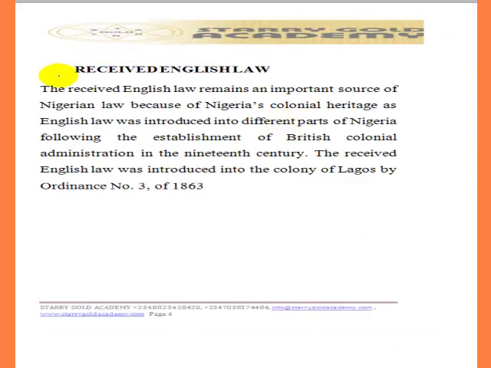So let us look at received English law. The received English law is very important where it has to do with sources of Nigerian law. It's a law that came into existence in Nigeria through the process or administration of the colonial master.